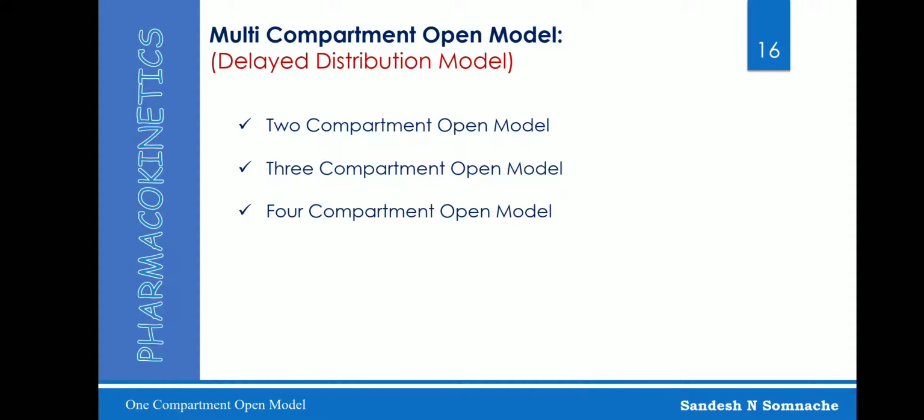In case of 3-compartment models, here one central compartment, highly perfused tissues, then shallow tissue compartments, means from the central compartment drug reaches to the shallow perfused tissues, and then deeply situated tissues. In case of a 4-compartment model, an additional compartment is considered, that is very deeply situated tissues or very poorly perfused tissues.